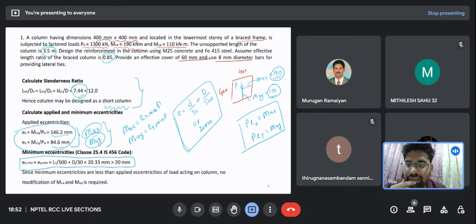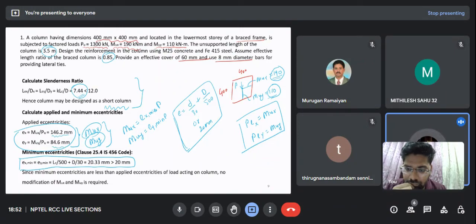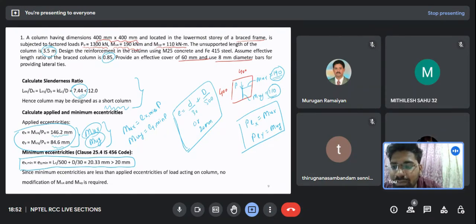Sir, here Ex is like the applied eccentricity. It is 146. So we have to consider this one. Now we have to consider this one because this value is greater than the accidental eccentricity.